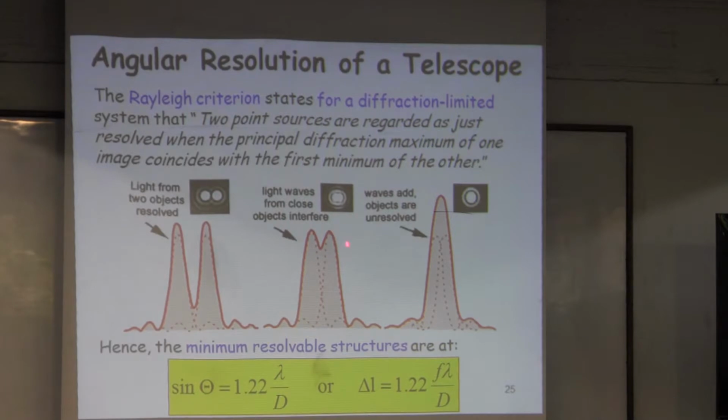So in this case, it's about here. So here's the peak, it goes down, here's the minimum, and here's the peak of the other star. So the light profile would be something like that. If I would look from the top, if I would look at what my detector sees, I would see that it's like a double star. It almost looks like the system we talked about before, right?